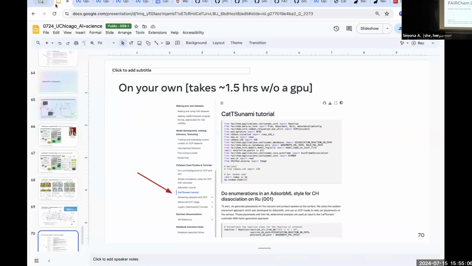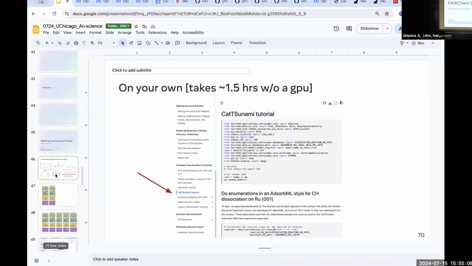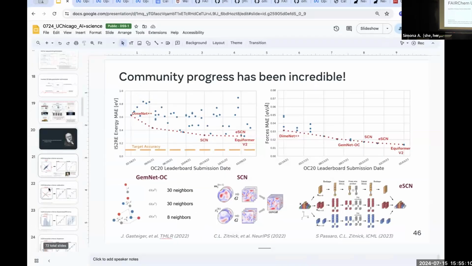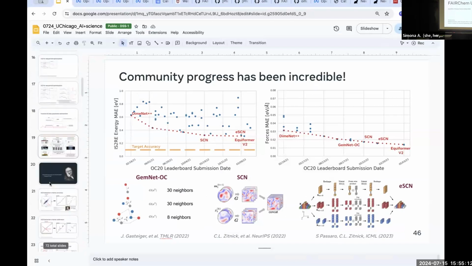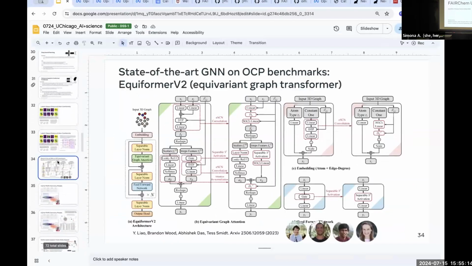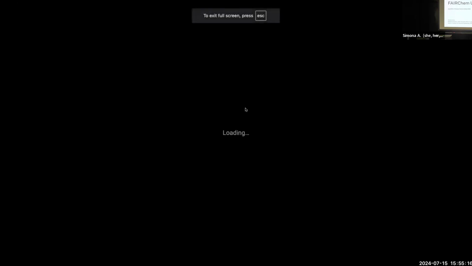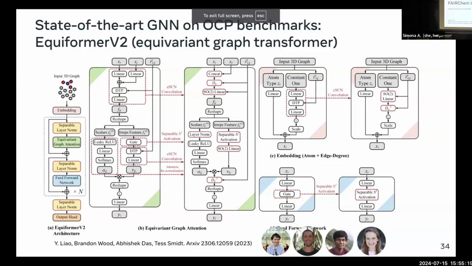This is also the point where I remind you that if any of this is not clear, and this looks complicated, or you want to know how this works, you should ask Tess when she comes and talks. And she can tell you all the answers.